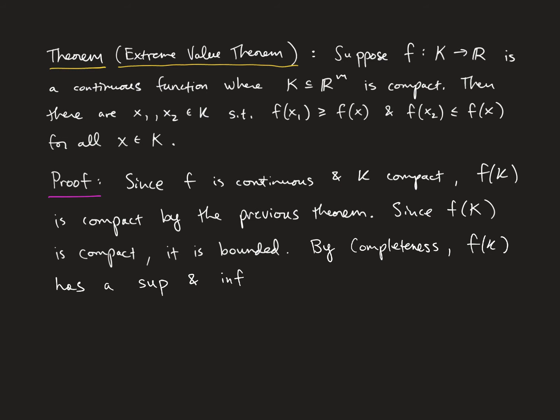So let's just say S is equal to the sup of f of K. And I don't like to use inf, but that's the same thing as greatest lower bound. So we'll just say G is equal to the inf of f of K.